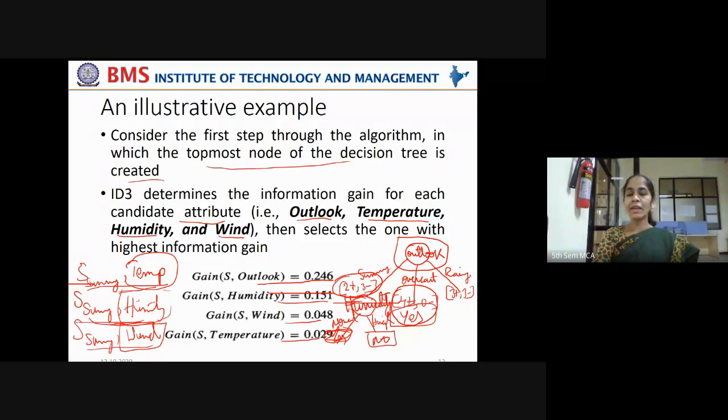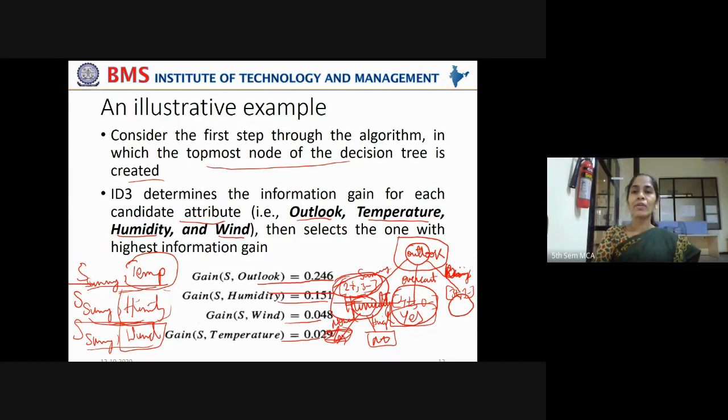In the same way, calculate for outlook rainy. Here, humidity is already used, so calculate for temperature and wind. For humidity, you have calculated that the information gain is high and you have already used that attribute.